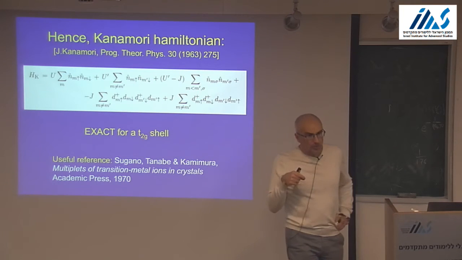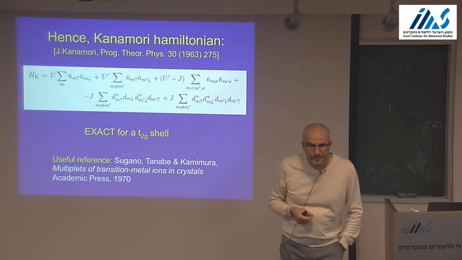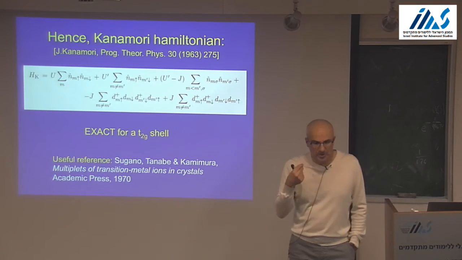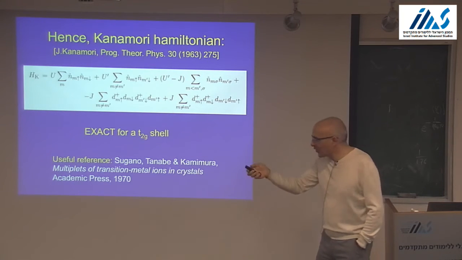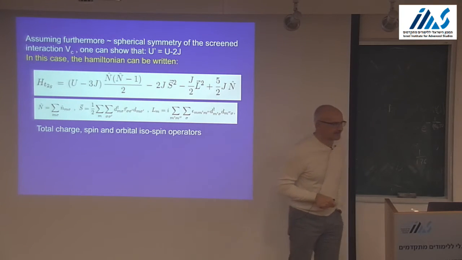But that assumes spherical symmetry of the Coulomb screened interaction. So that's an additional approximation, okay? And if you do that, you get this. Yes? So basically when you write down these matrix elements, you can perform some rotation, and then transfer one matrix element to the combination of the others, right?